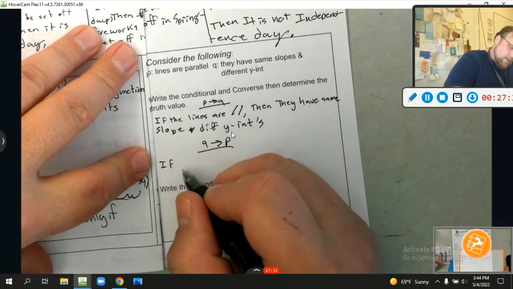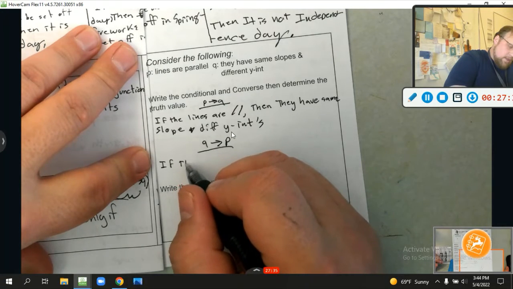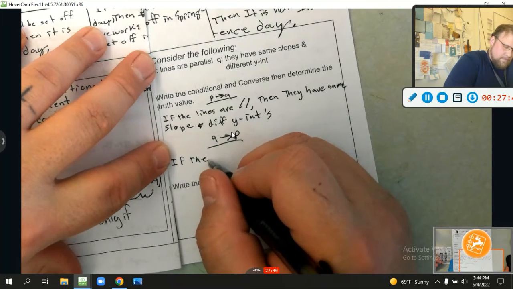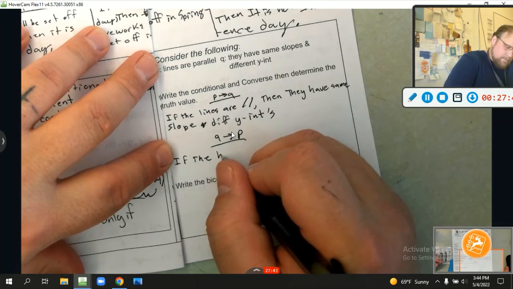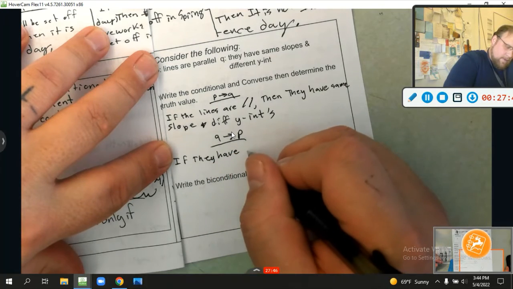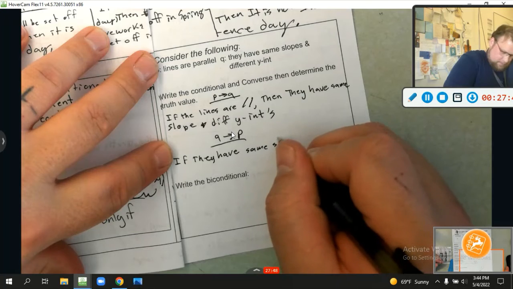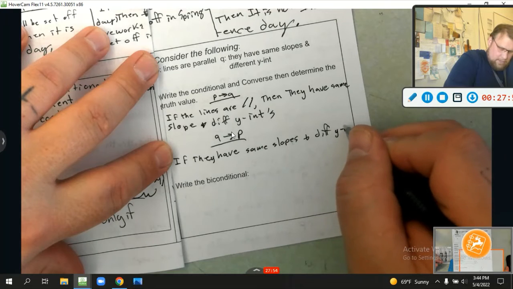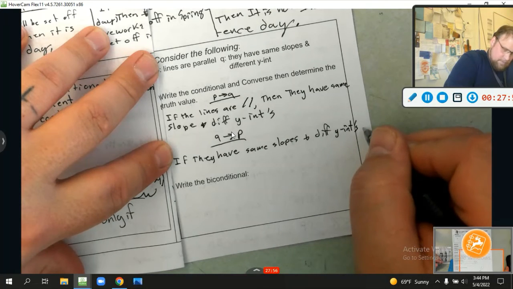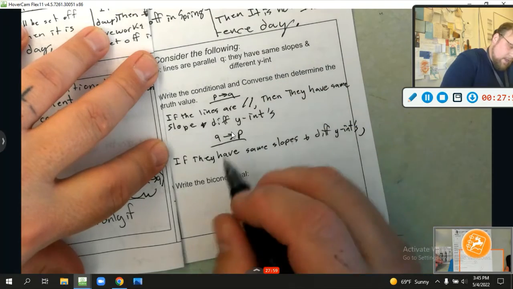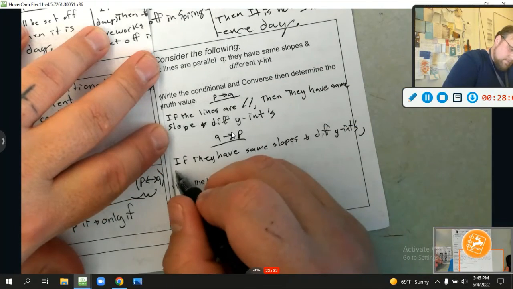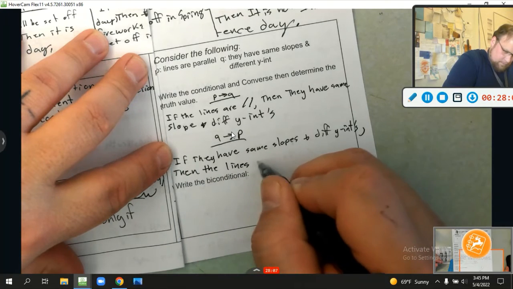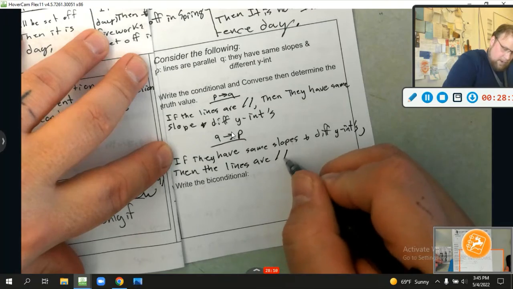If they have the same slopes and different y-intercepts, then the lines are parallel. Which again, right, is the parallel shorthand.